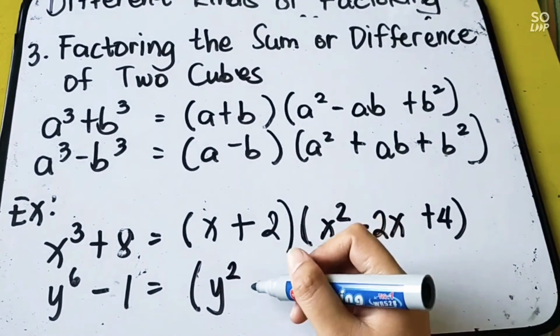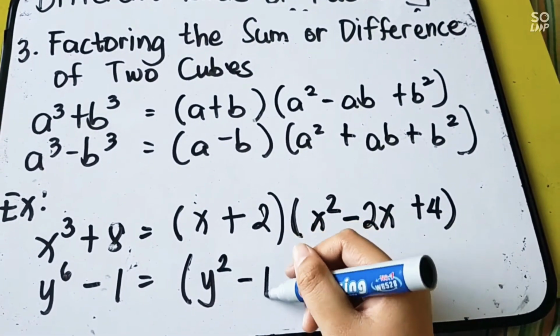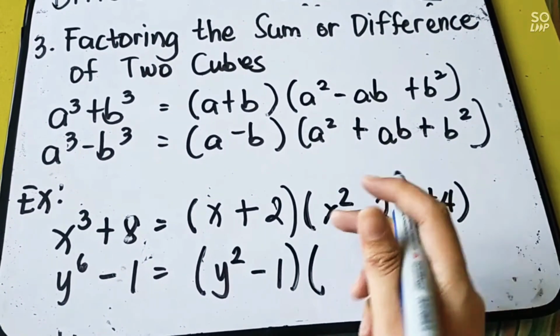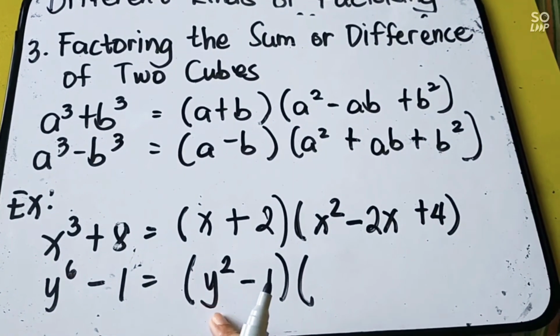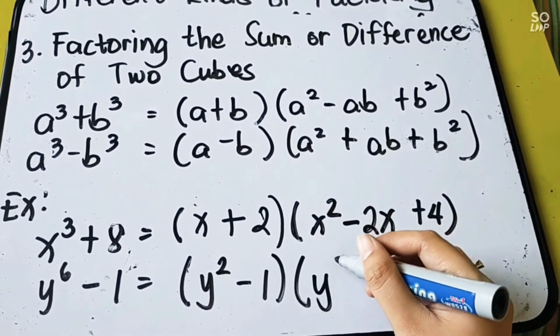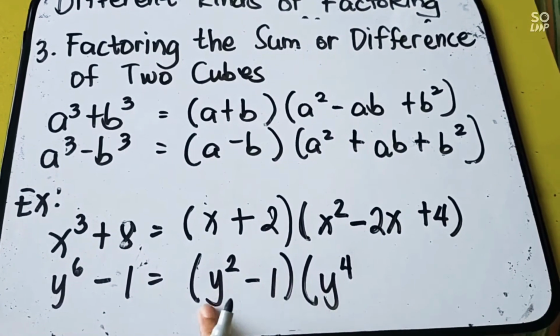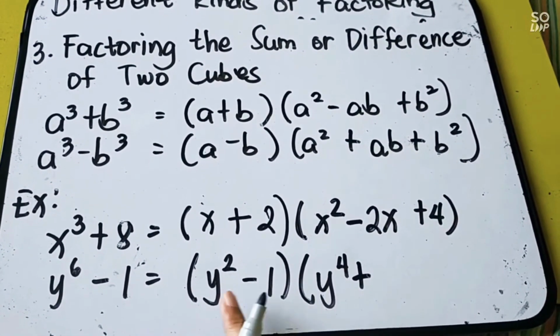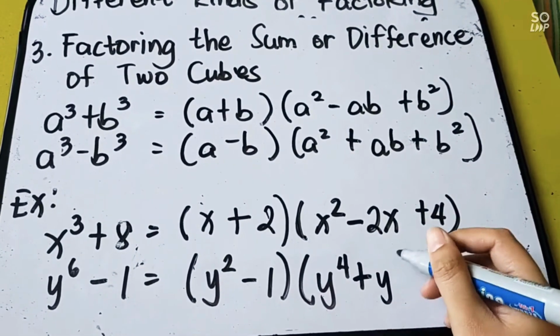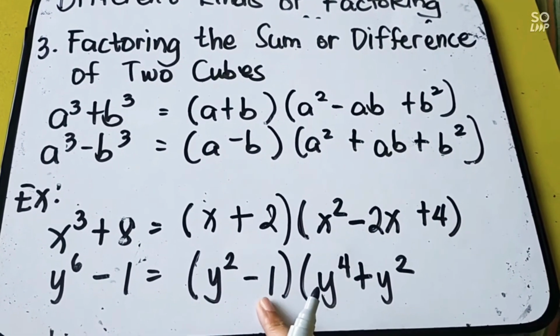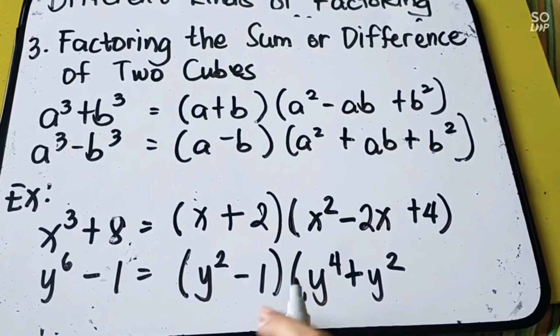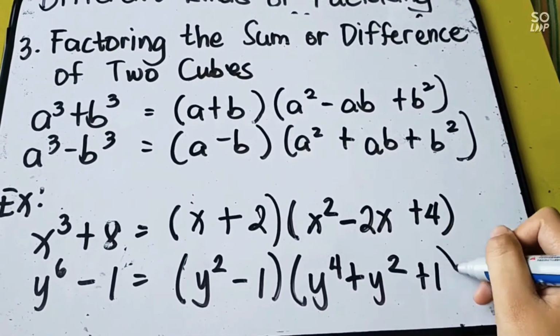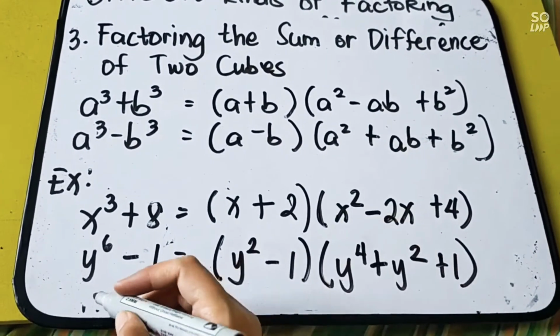Then, minus cube root ni 1, 1 pa rin. Next tayo. Square mo si y squared, the answer is y raised to 4. Multiply mo itong dalawa. Since negative to, kailangan susunod ay plus. 1 times y squared, the answer is y squared. Next, square mo yung 1, the answer is plus 1. Ganun lang kasimple.